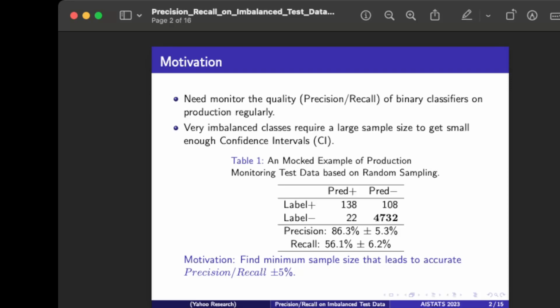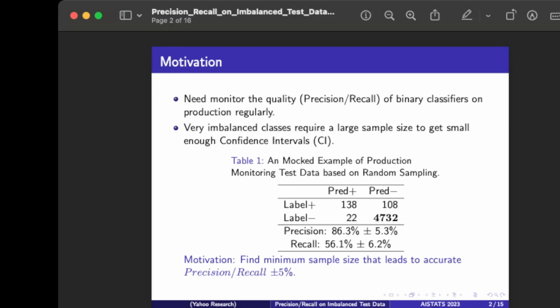Table 1 shows a mocked example of an existing monitoring test for a binary classifier based on random sampling. 5,000 emails were randomly sampled from the entire population, and the confusion matrix was generated after obtaining the true labels from human editors and the predictions from the classifier.